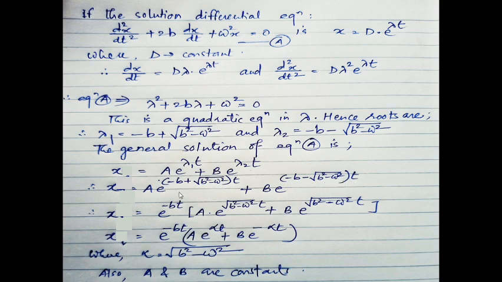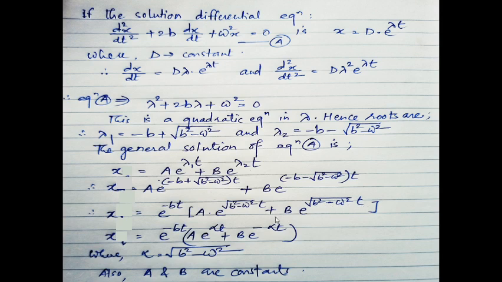Now from these two terms, if we split the exponent, then e^(−bt) is common in both terms, so it is taken common. So inside the bracket we get A e^(√(b² − ω²) t) + B e^(−√(b² − ω²) t).